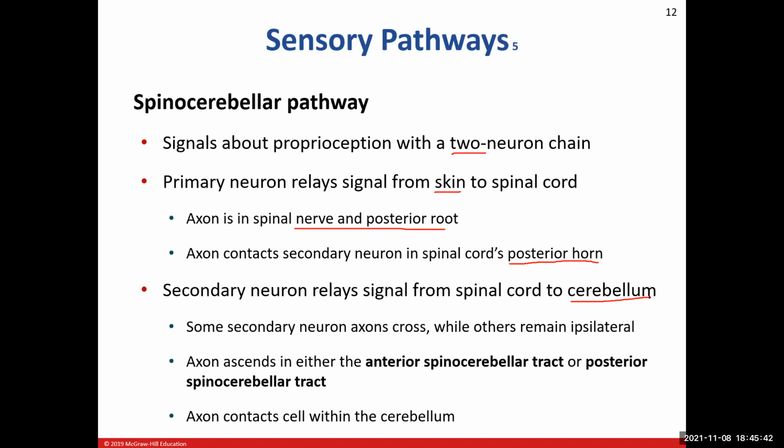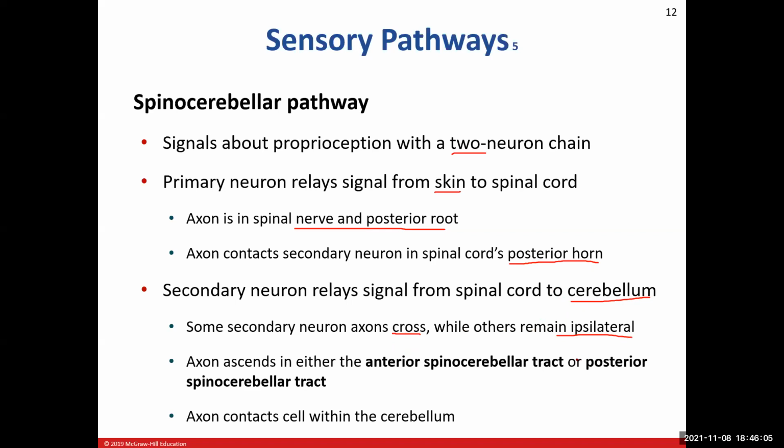So here is a little bit of a catch for you, right? This pathway, some of the axons are going to cross over, some of them remain ipsilateral, which means they stay on the same side. Okay, so some can cross, and some will remain ipsilateral. All right, I'll show you that here in a picture.